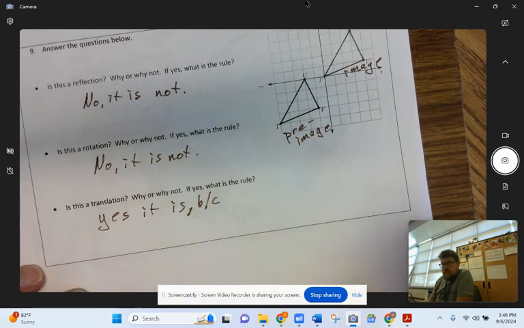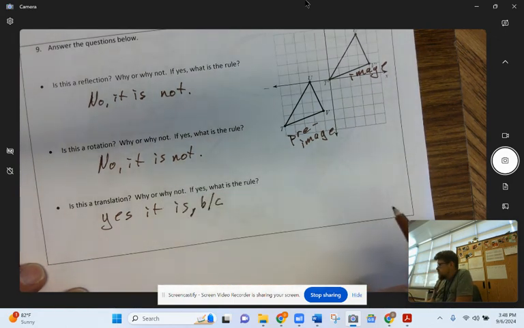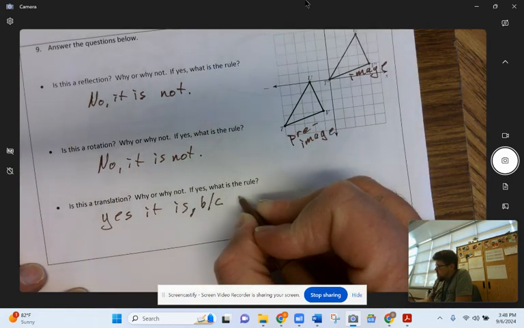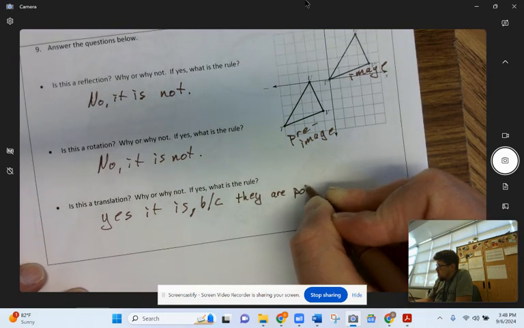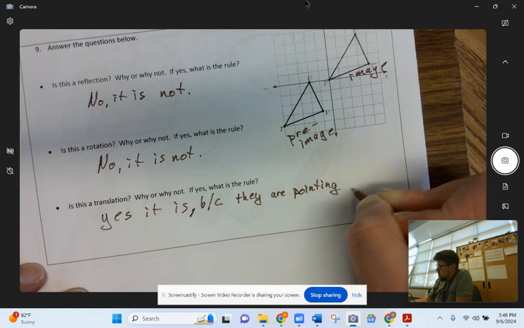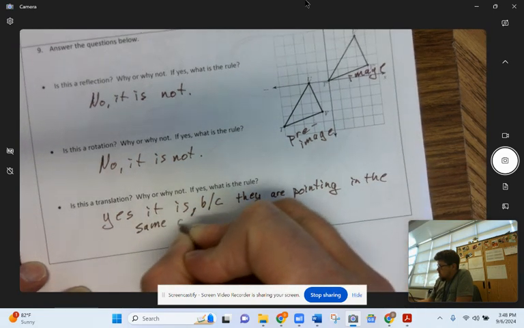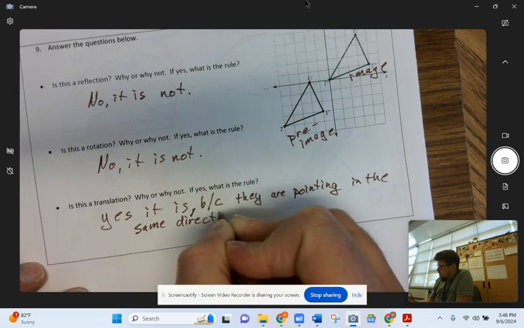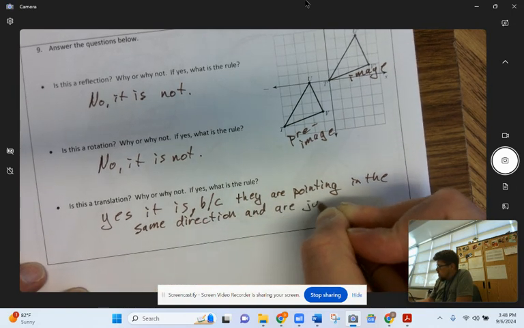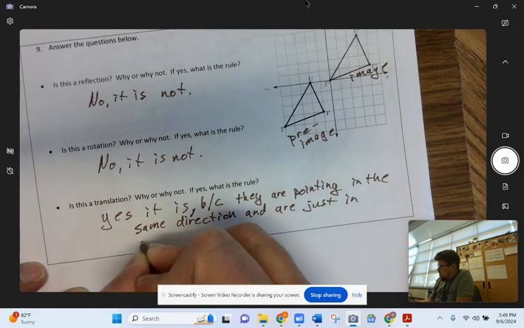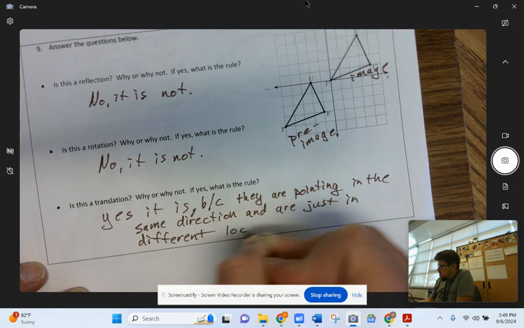Because, B/C, that's how I abbreviate because, they are pointing in the same direction and are just in different locations.